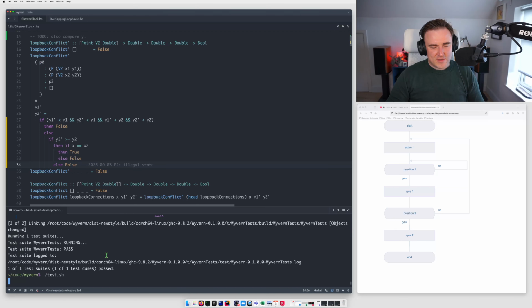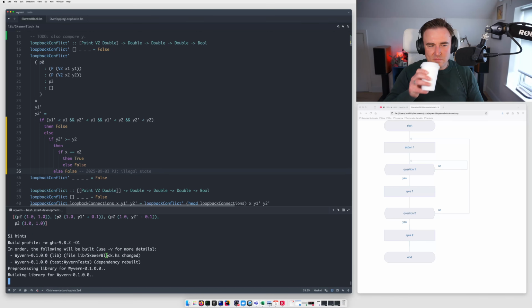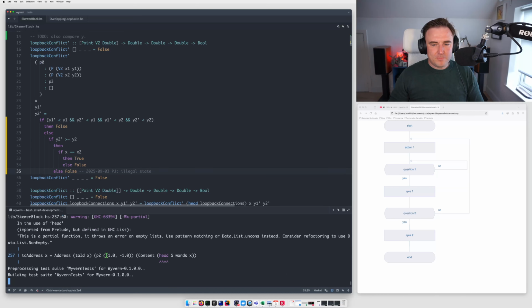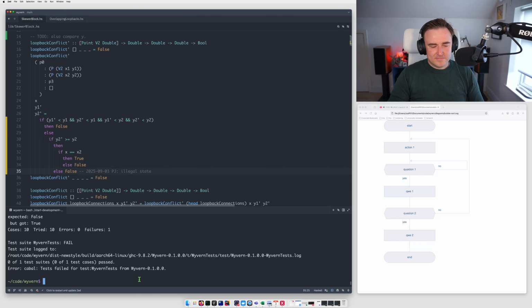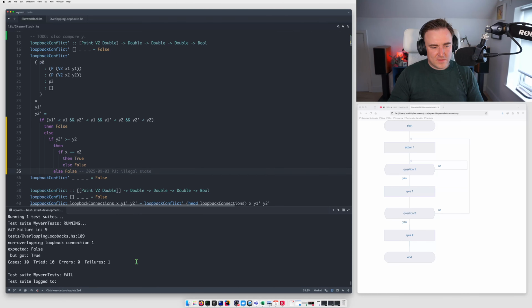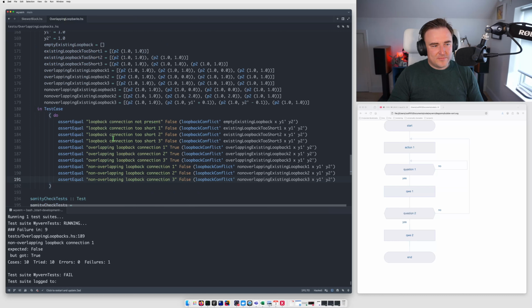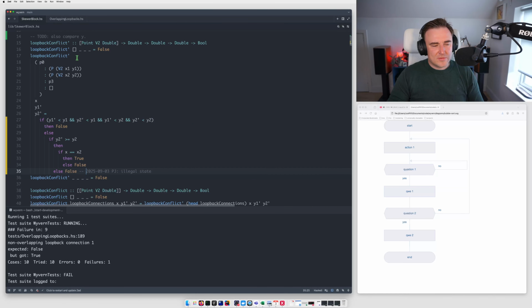Let's see if unit tests got affected. They did. 189. Okay, non-overlapping loopback connection 1. We return false. And true, we only return in a very specific scenario.